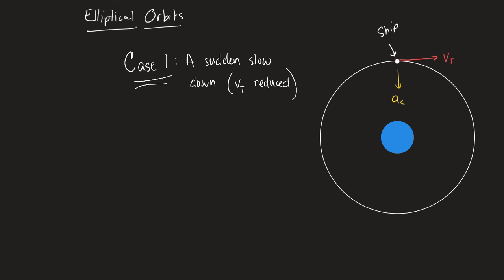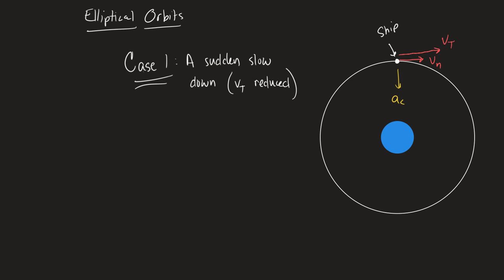This would happen if the ship were to turn around and suddenly fire its jets and reduce how fast it's going. If that were to happen, the important thing is the velocity gets smaller, so it's less than it was before. This is the new velocity, and it was that big, and now it's smaller.